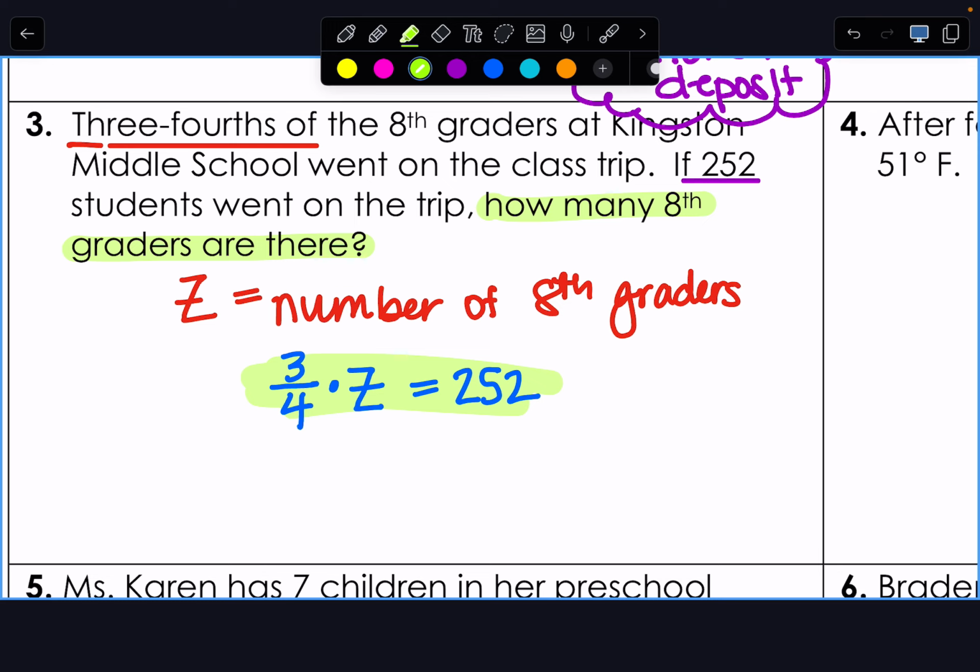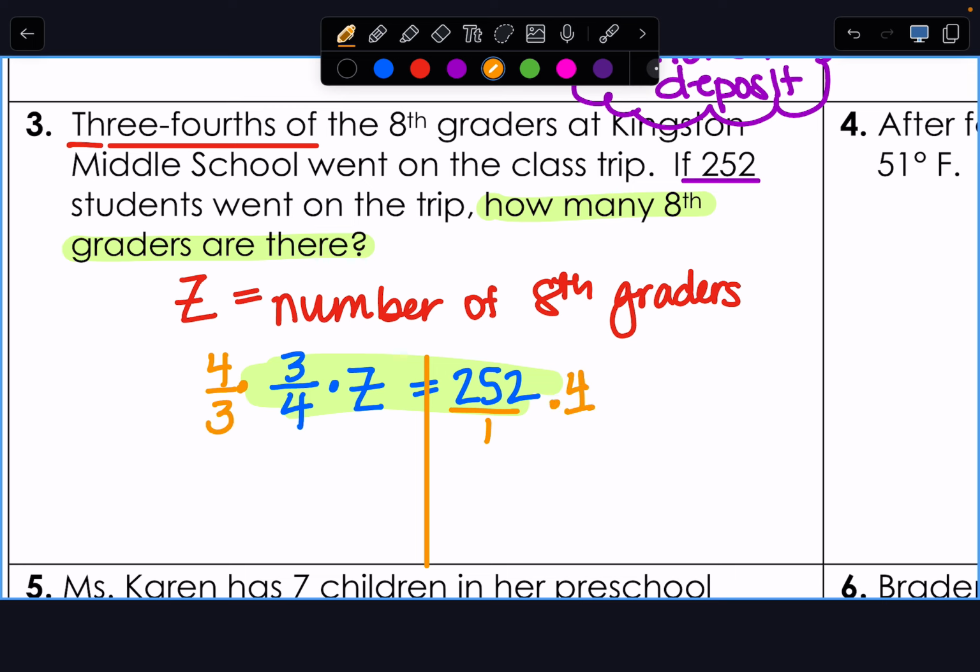Now, we got to remember how to solve this. How do we undo this 3/4? I love that Kaylee raised her hand, but I also love the vocabulary that was being dropped. Would you summarize that for me? So basically you put 252 over 1 and then you flip it.